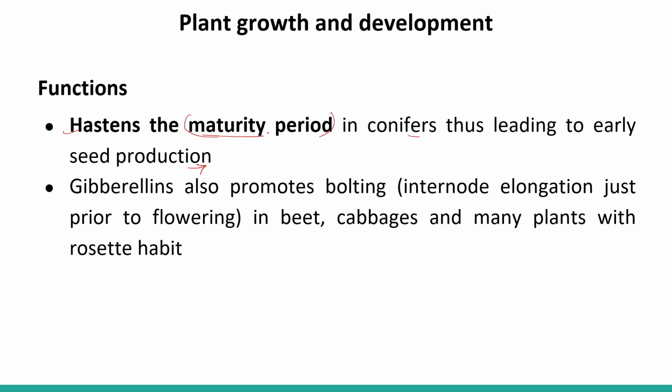It hastens the maturity period, meaning it helps the plant to reach the reproductive stage early. And once the reproductive stage is achieved, early seed production can occur. So this is clear.